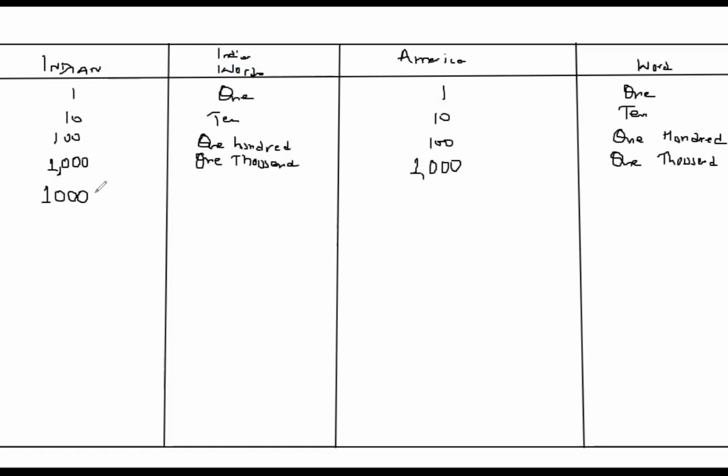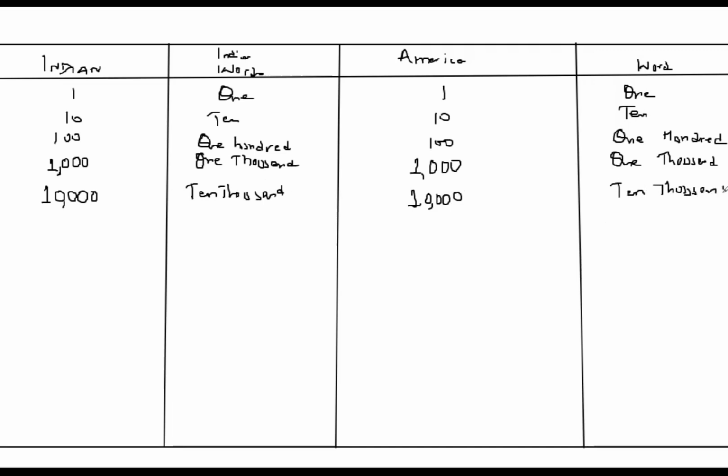When we write 10,000, as I said, in India we put the first period after every three digits, so put the period here. This is going to be called 10,000. Here also, put the period after the third digit, and this is going to be called 10,000.